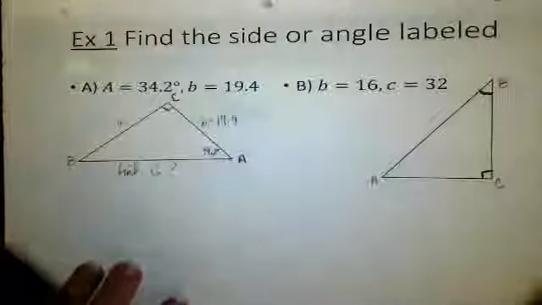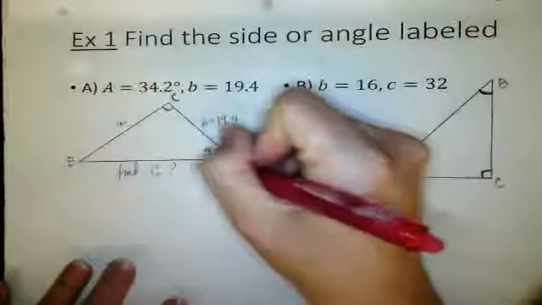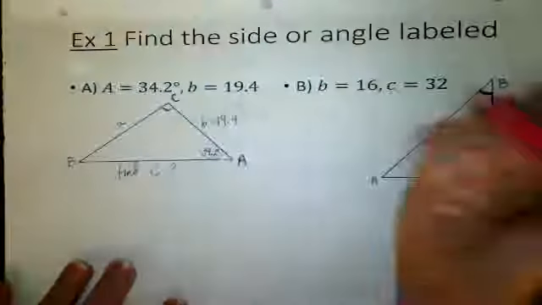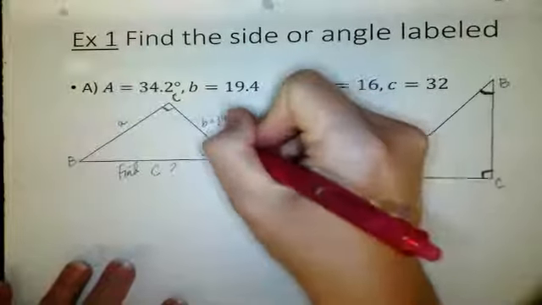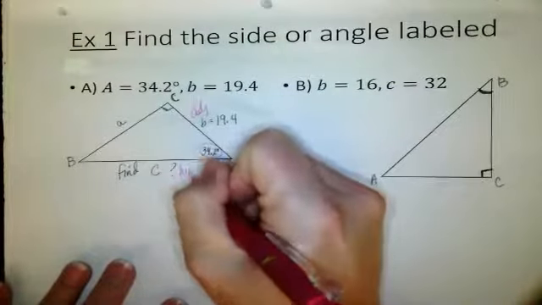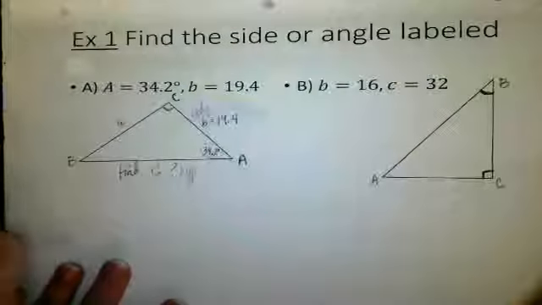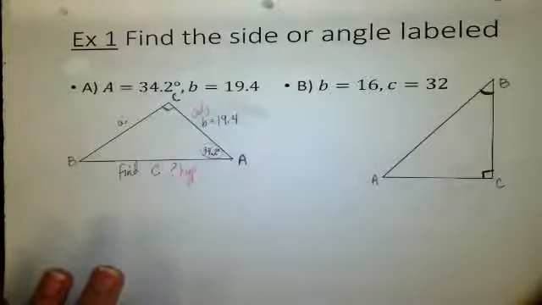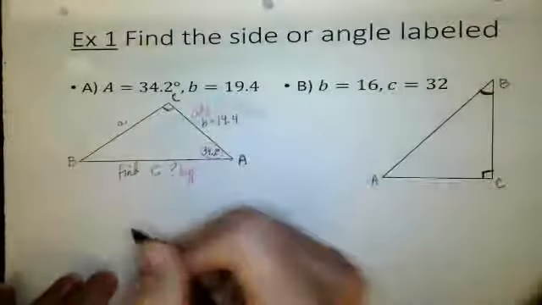And so what I'm going to look at is what information they've given me. I have my angle measure, very important angle. And if that's the angle, then this would be the adjacent side, and c would be the hypotenuse. And since I have adjacent and hypotenuse, which trig function can I write? Cosine, yeah.